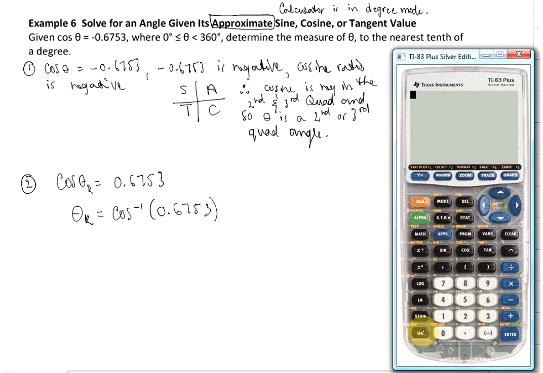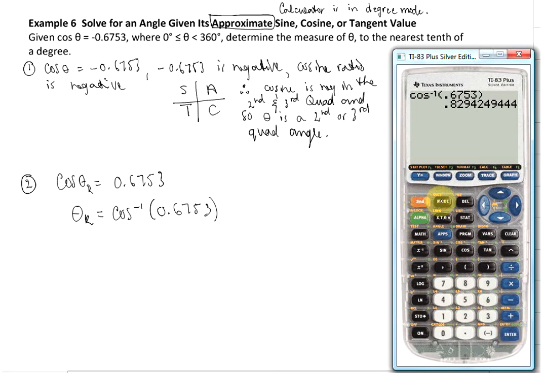Recall that when you're looking for an angle measurement, you want the inverse of cosine. So we're going to put that into our calculator. We're going to go second cos to get our cos negative 1, and we're going to put in 0.6753 and hit enter, and I can see that my calculator is not in degree mode, so let's do that.